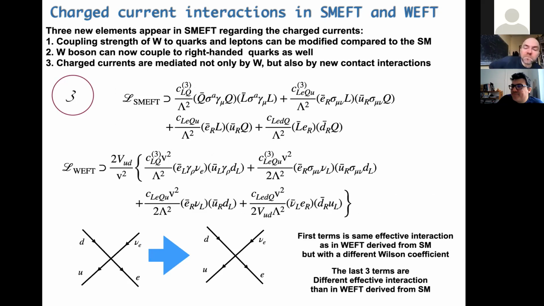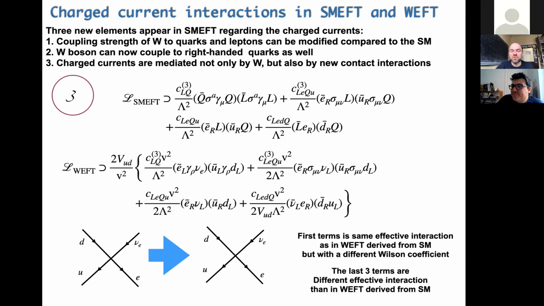And then there is a third possibility, that in the SMEFT you can also mediate charged currents without the W boson intermediary. So there is a certain number of four-fermion operators in the SMEFT which give you this contact interaction between the quarks and leptons, and that will lead to charged currents.